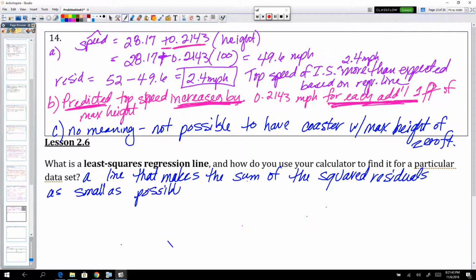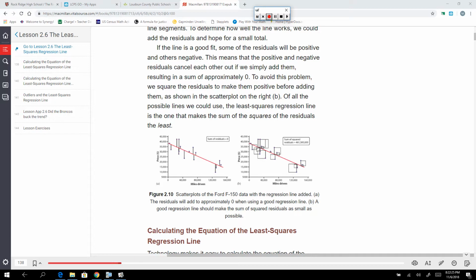And there's a great graphic in the book that helps explain this. This graphic is on page 138 of your book, or if you're on the online version, it's near the beginning of lesson 2.6. And it's a great explanation of explaining what a residual is and what a least squares regression line is.